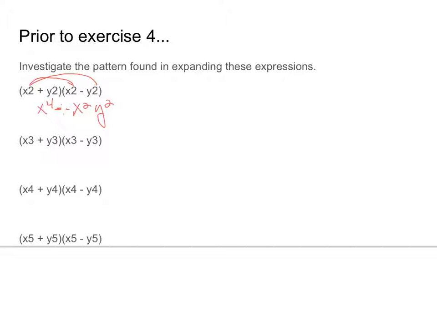Now multiply the second term. y squared times x squared will be plus x squared y squared, and then minus y to the 4th power. Notice these two cancel out, and I have an answer.